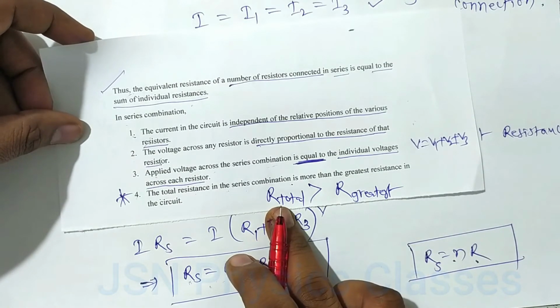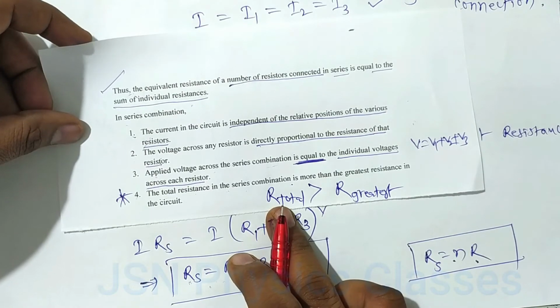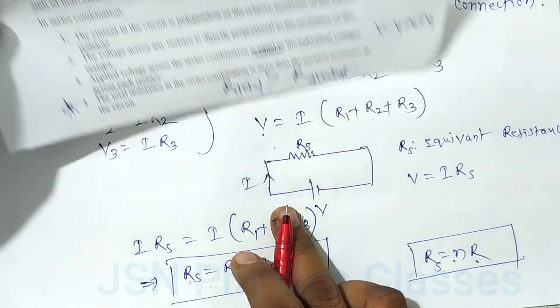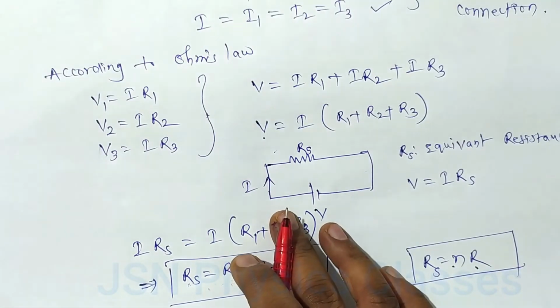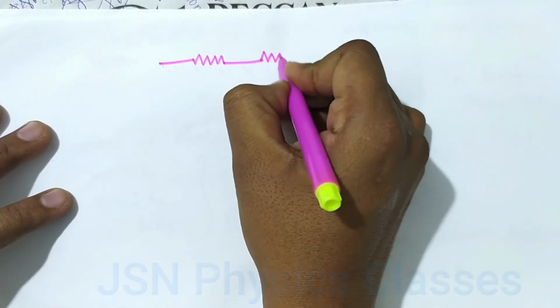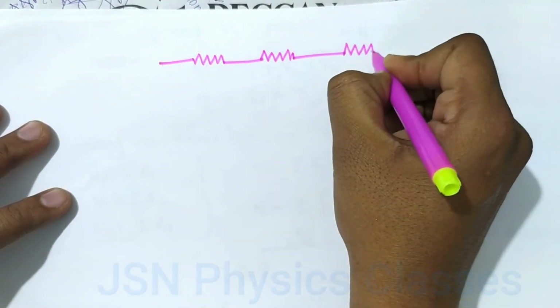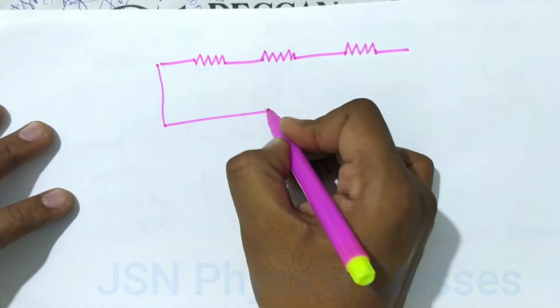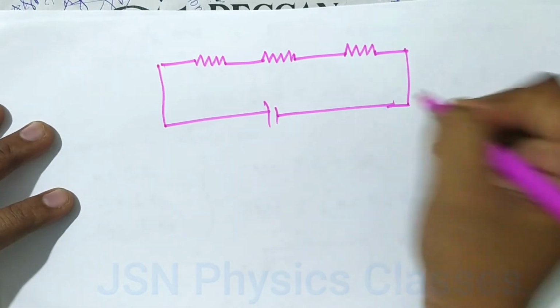More. Okay, so this is in series combination. So in series combination we'll see one problem. For example, here I am taking one circuit, 3 resistors are connected to a battery.